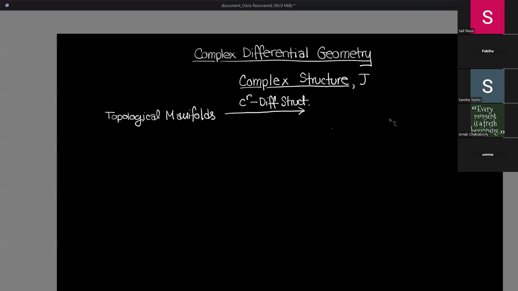And this turned our topological manifold into a C^r differentiable manifold. And if we set r equal to infinity, loosely speaking, then what we got was a smooth manifold.